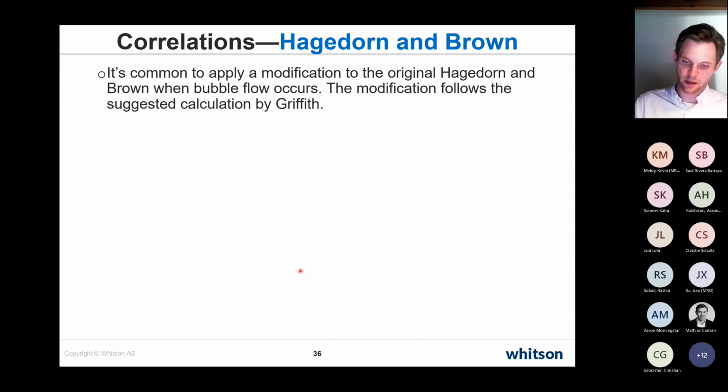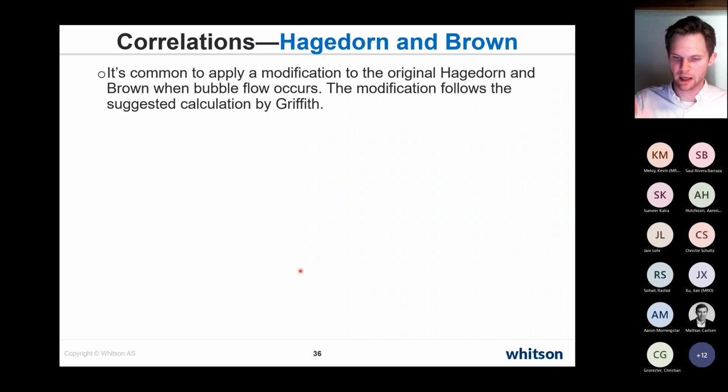With the original Hagedorn and Brown equation, it was found out later that at the onset of gas coming out of solution, going from single-phase liquid to very early on having small amounts of gas in the well stream, the correlation could be a bit inaccurate.